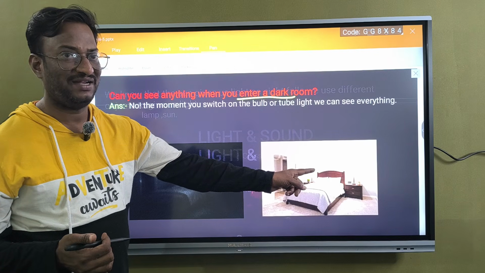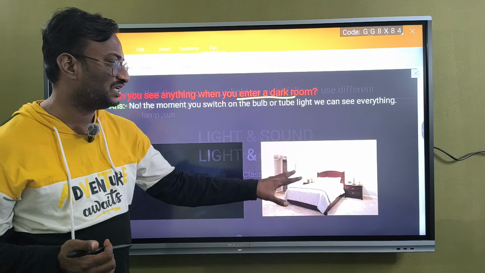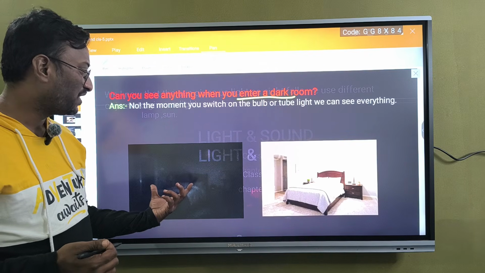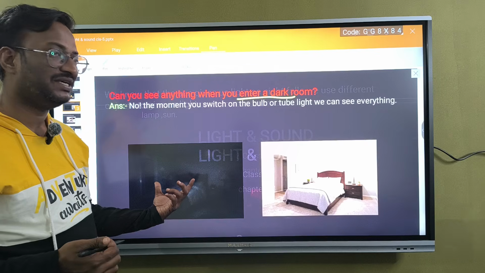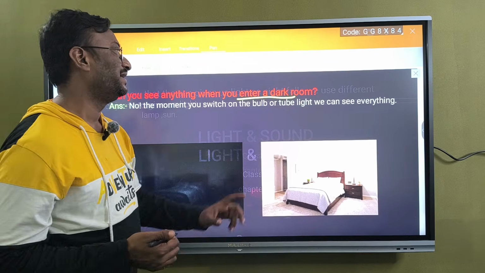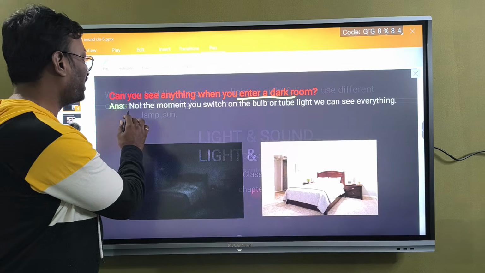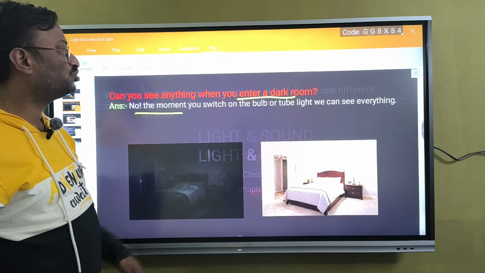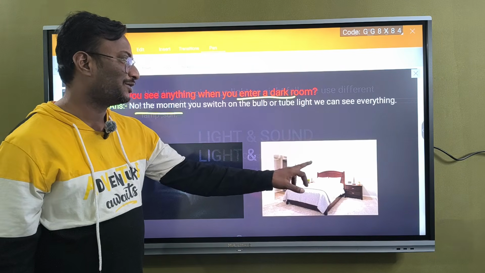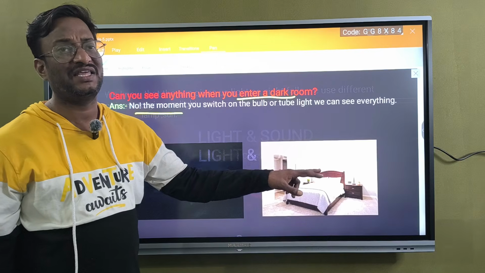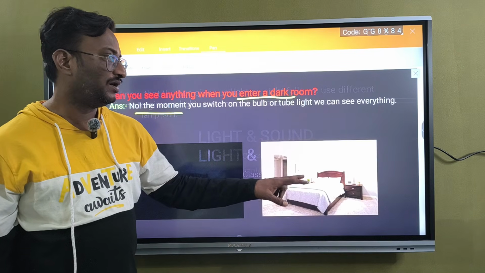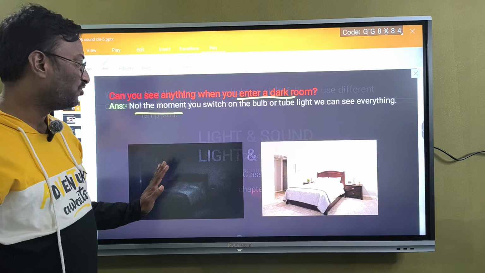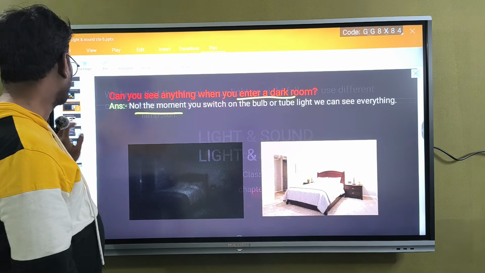That is why we are able to see the bed here, but not here. The reason is we don't have any light. So in a dark room we cannot see. The moment you switch on the bulb or tube light, then only we can see anything inside the room. Otherwise it will be very dark, right?